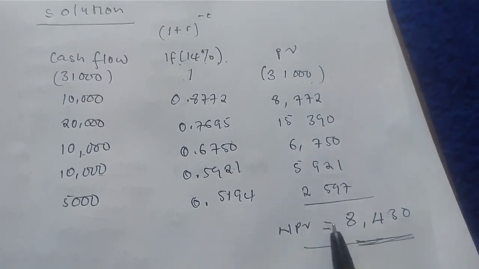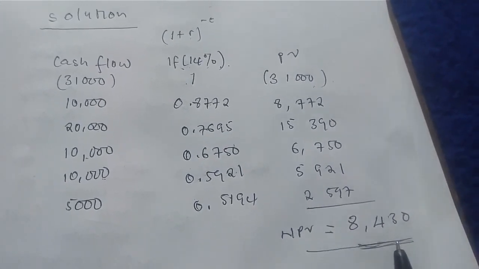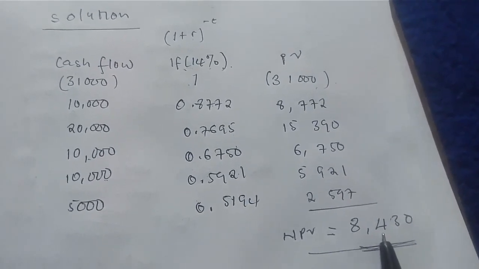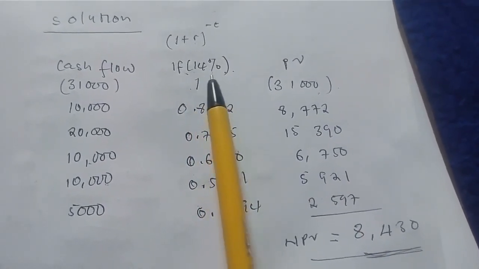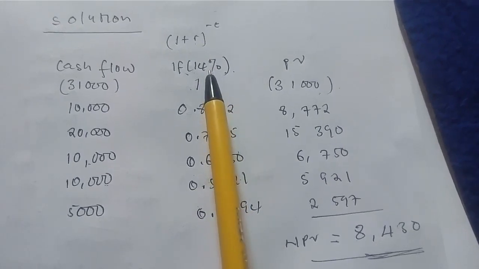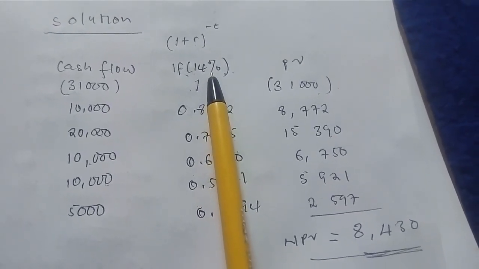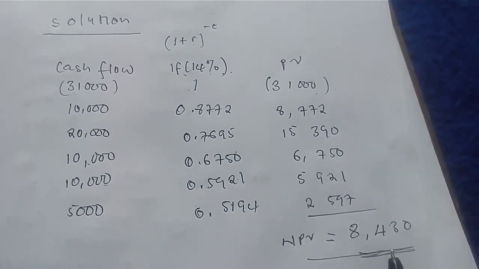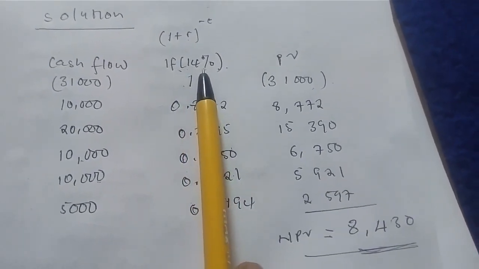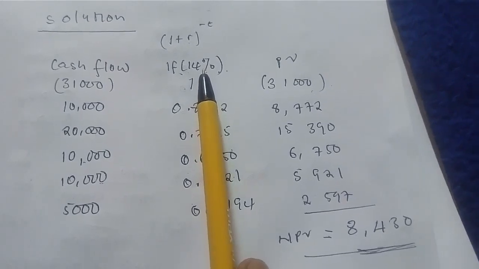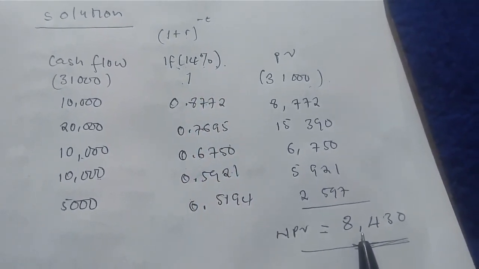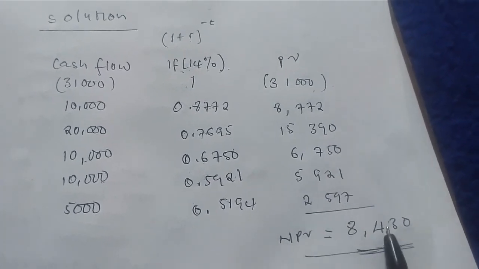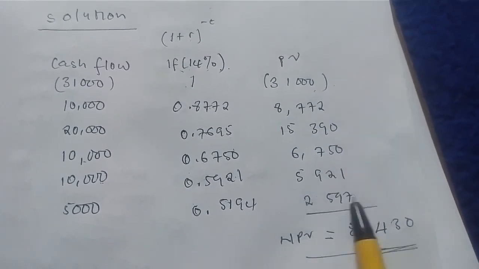In the case where this figure was a negative, since our aim is to find zero net present value, then in that particular instance we were supposed to reduce the rate of return. But because in our question we have the positive NPV, we have to keep increasing the interest factor here until we get the one which is closest to 0, or the first negative or any negative value.